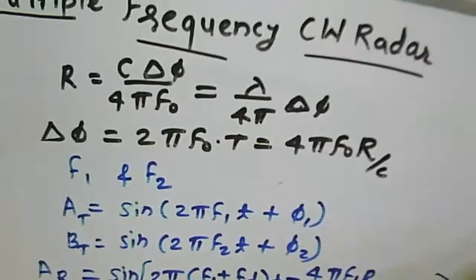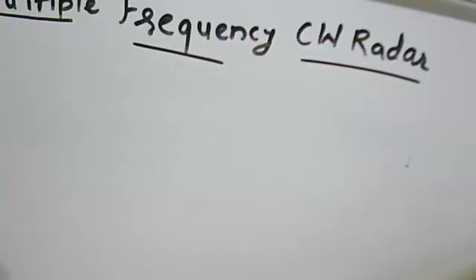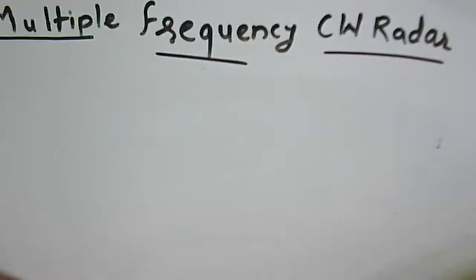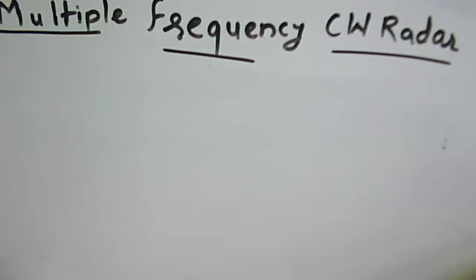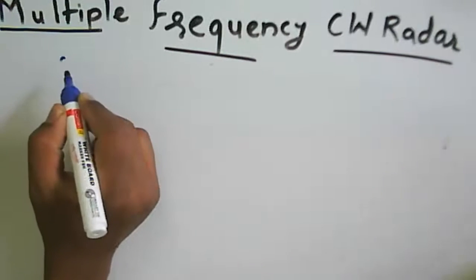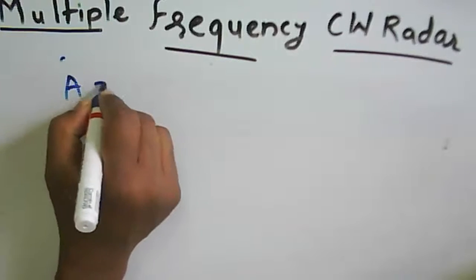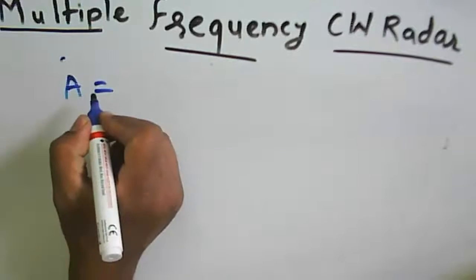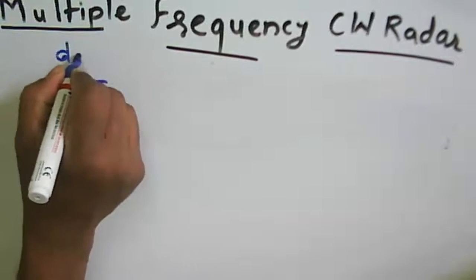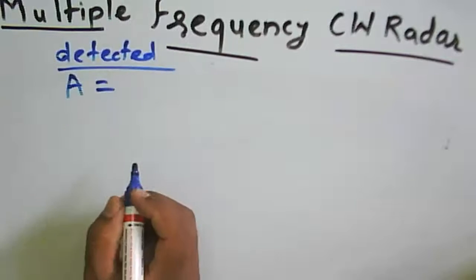So at the receiver or at the detector, what signal are we getting? Because we are using a superheterodyne type receiver, we get the detected signal at the receiver.